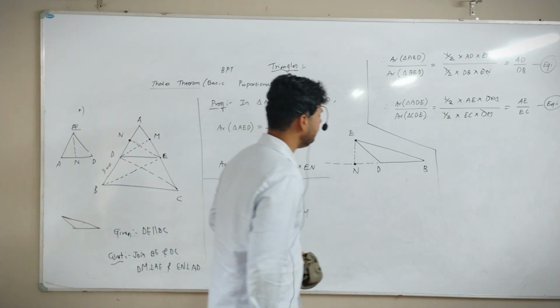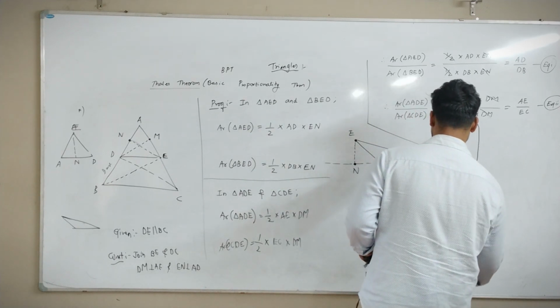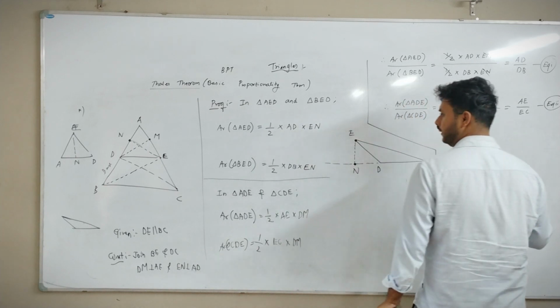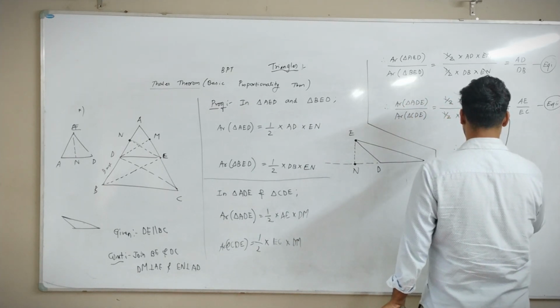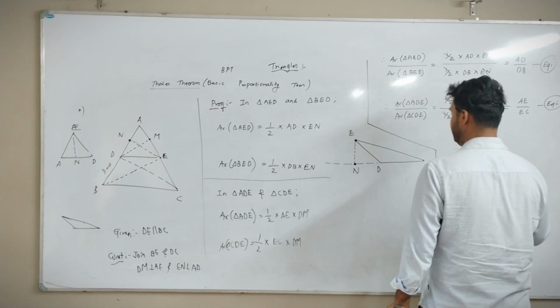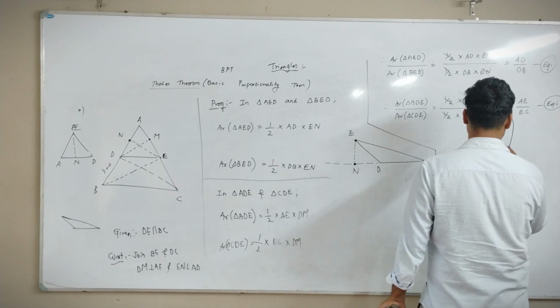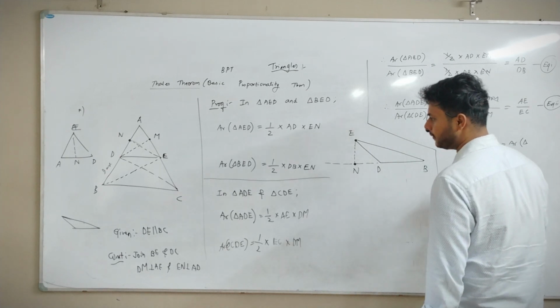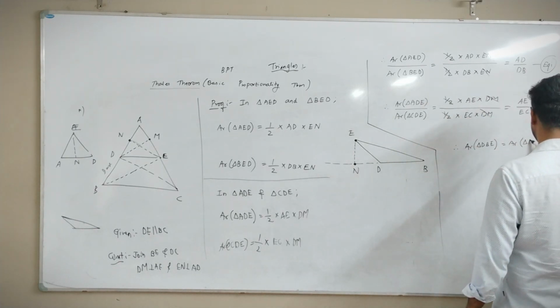Therefore area of triangle DBE is equal to area of triangle DCE, correct?